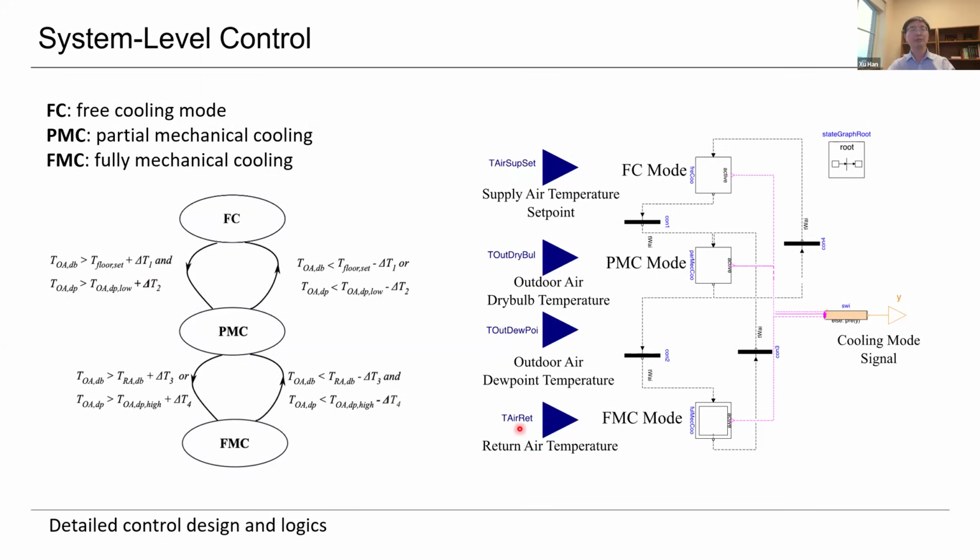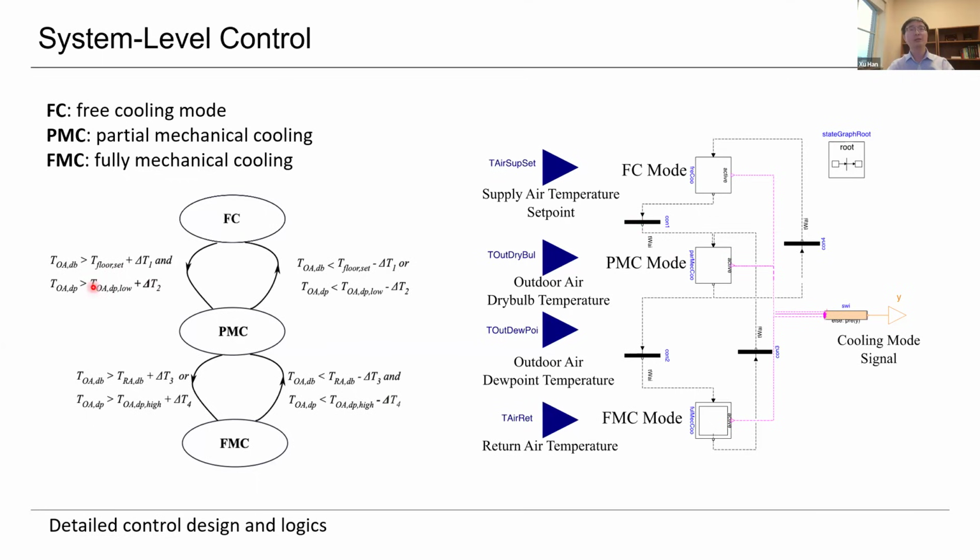And the return air temperature, we need it here, right? Let me see. Yeah, this is here. RA is return air temperature. So these are the inputs of the control module, and this is a block to define all the switching conditions.